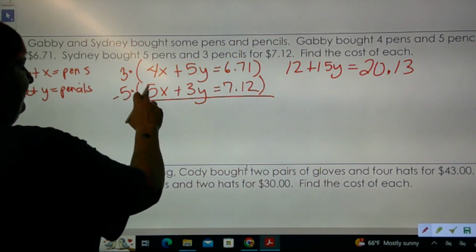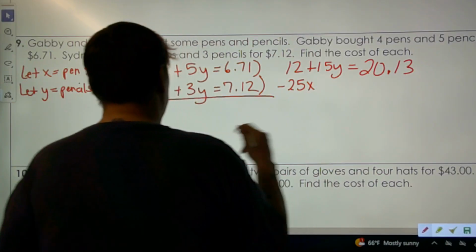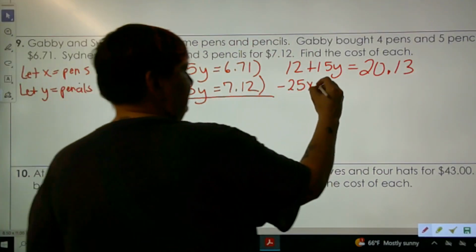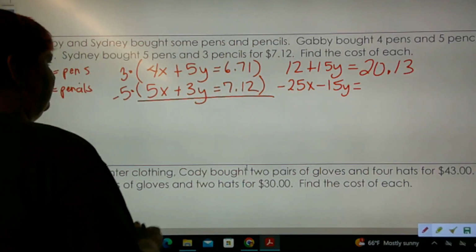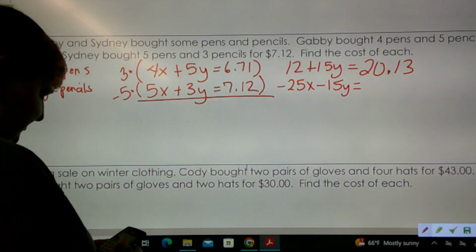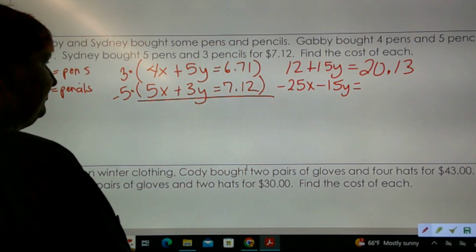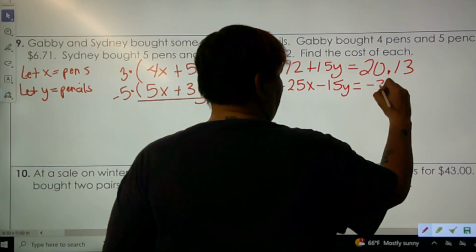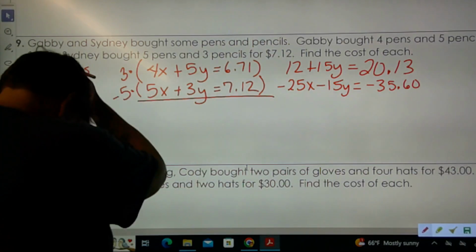And then we have negative 5 times 5x, so we have negative 25x, negative 15y, 35, almost $36, 5 times 7.12, 35.60, negative 35.60.